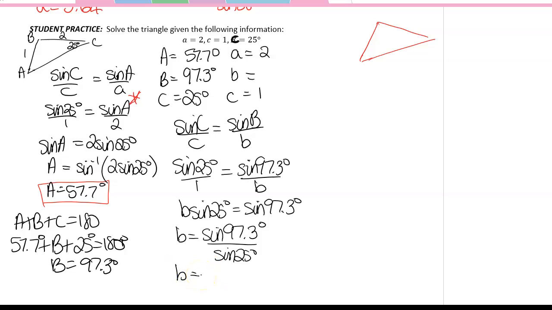Do this on your calculator. When I do this one on my calculator, it does not like it if I do not close the parenthesis. It tells me there's a problem, so you better be careful with that. Okay, so that's the first triangle. Oops, that's not degrees, it's the side length. Let's check to see if there is a second triangle.